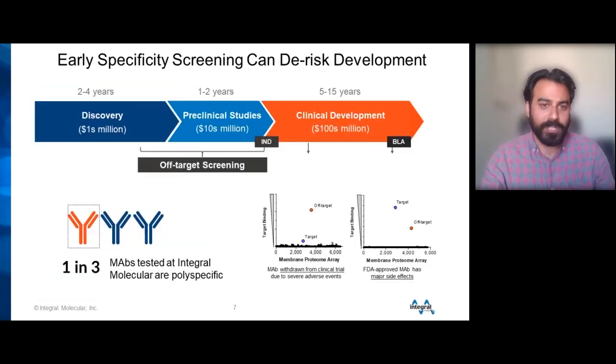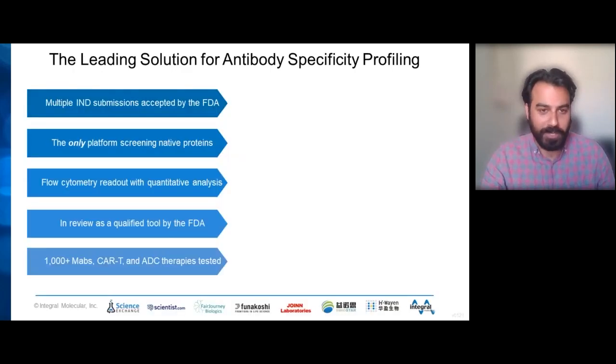Of course, discovering that your lead molecule produces off-target effects so late in development can be a program killer. Thus, the MPA exists to prevent those types of outcomes and de-risk drug discovery campaigns early in preclinical development. So to address this global need for better preclinical tools, we developed the field's leading solution for specificity profiling.